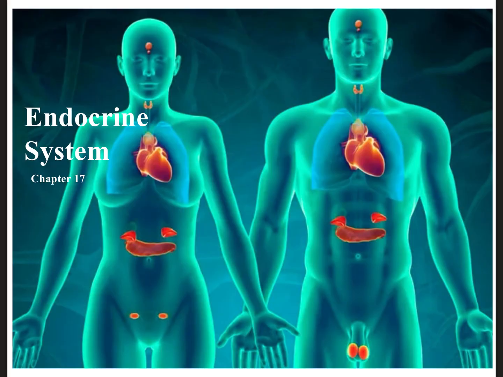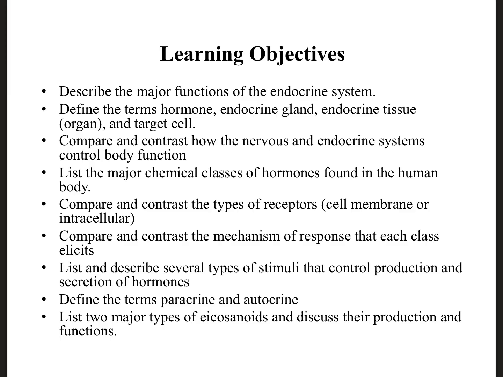Okay? So today, we'll talk about the major functions of the endocrine system. We'll talk about how it works, its structure. We just mentioned most of the organs. We'll define the terms hormone and endocrine gland, and we'll compare a little bit more than we already did the nervous system and the endocrine system in terms of controlling body function.